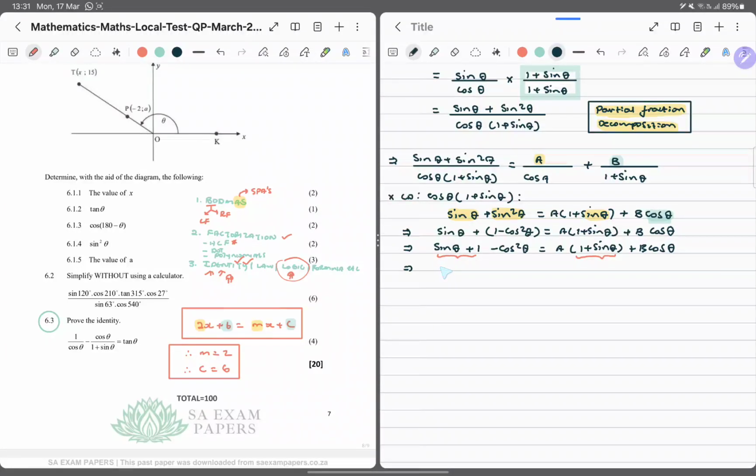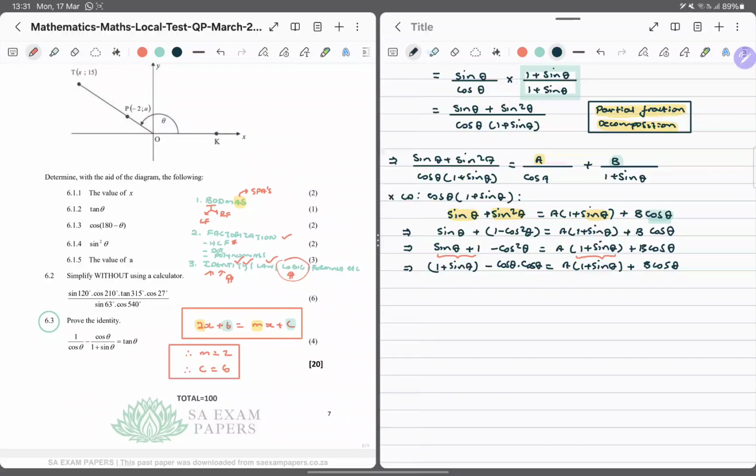So this implies that we've got 1 plus sine theta. We can group this minus, instead of cos squared, we can write cos theta times cos theta. Rules of exponents. When you've got this, you can break it up into its factors. Equals a into 1 plus sine theta plus b cos theta.